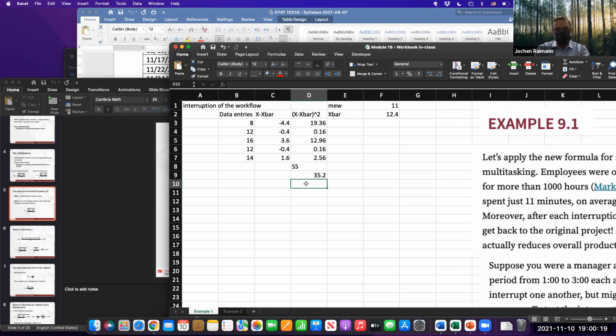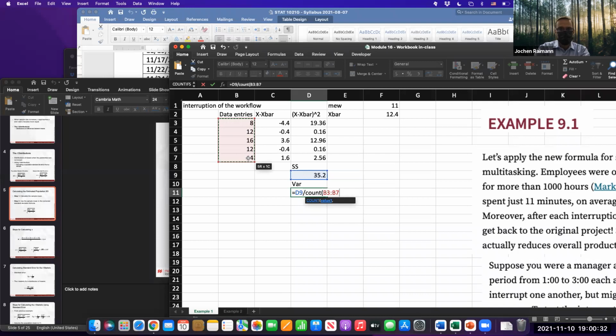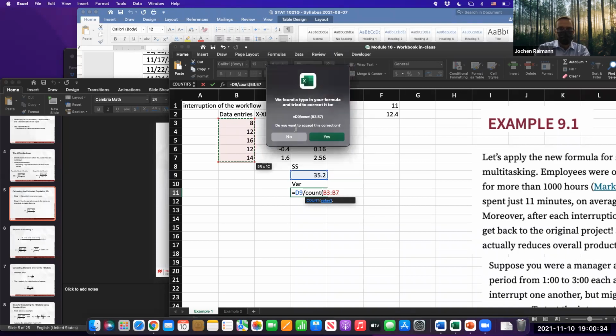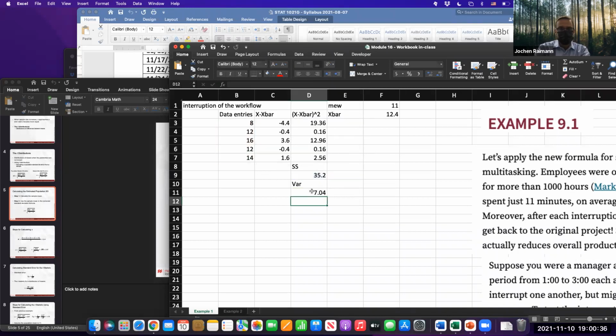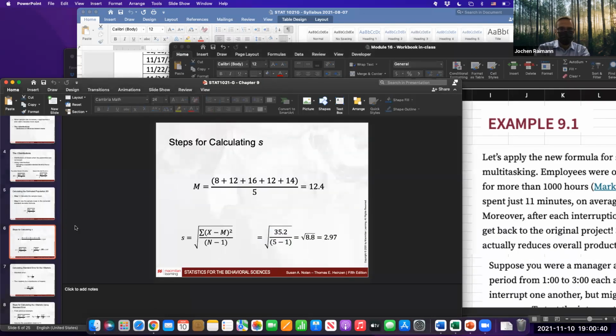So if we have the SS and we're now dividing the sum of squares by the sample size, which is the count of our individual entries. 12.4, no, that's not right.